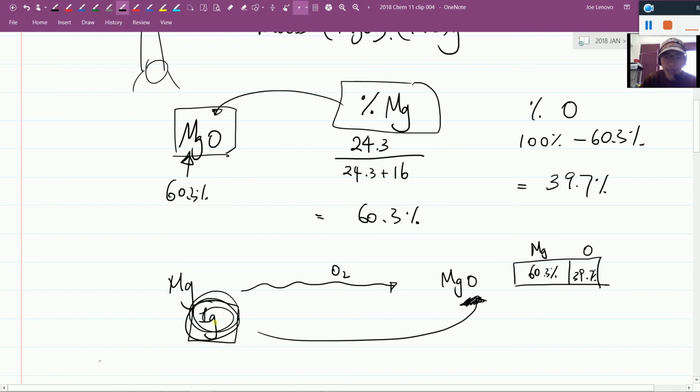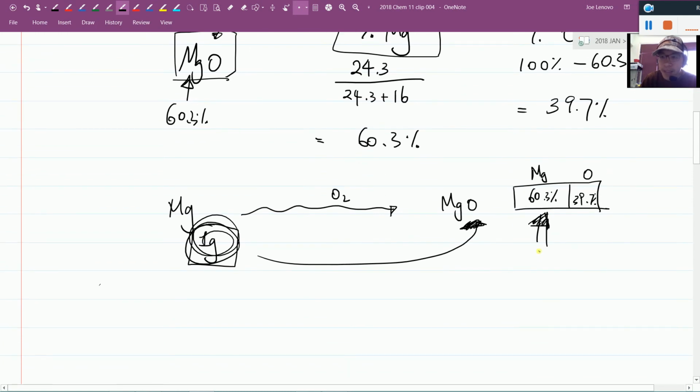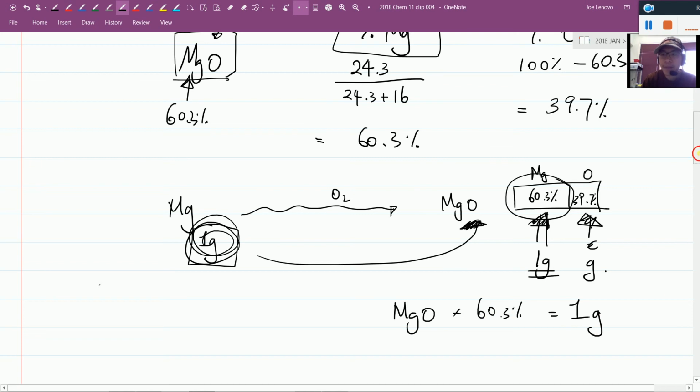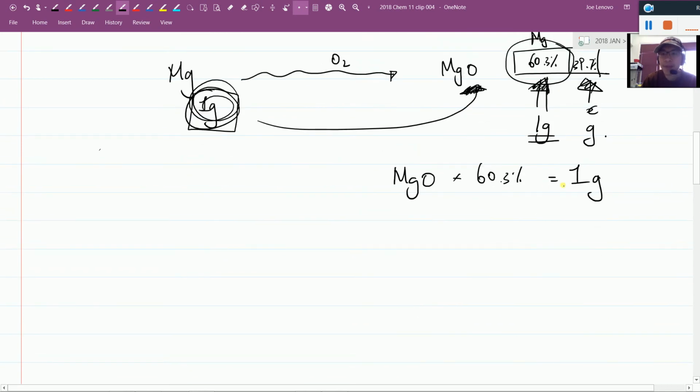Since 1 gram is what we have in there, we can do a simple calculation. If 60.3% equals 1 gram, what is the total mass of the MgO? 60.3% of it would equal the magnesium, 1 gram.